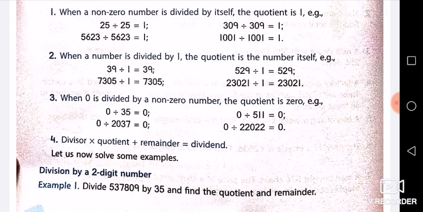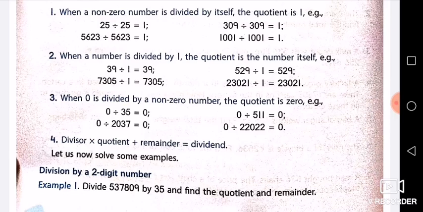And in a division problem, the answer is called quotient. So, 0 will be your answer. For example, 0 divided by 35, you will get 0. 0 divided by 511, you will get 0. 0 divided by any number, you will get 0 as an answer.